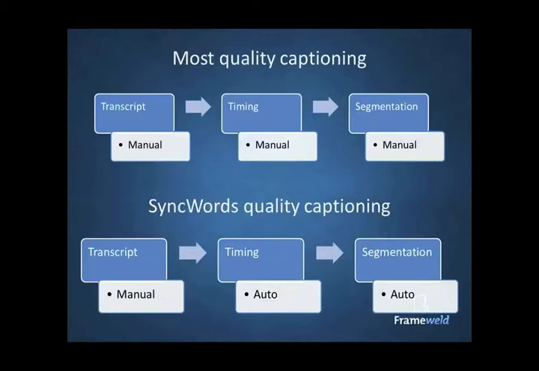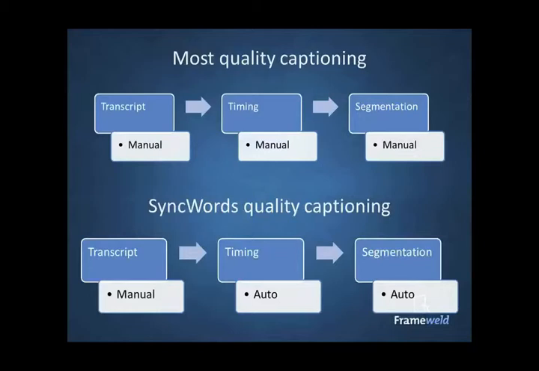And I'll just point out that we don't expect to stop working on this technology. A lot of work is going on to improve those scores even further when we're dealing with adverse conditions. But this ends up being our model of how we approach captioning with a high degree of quality and automation.